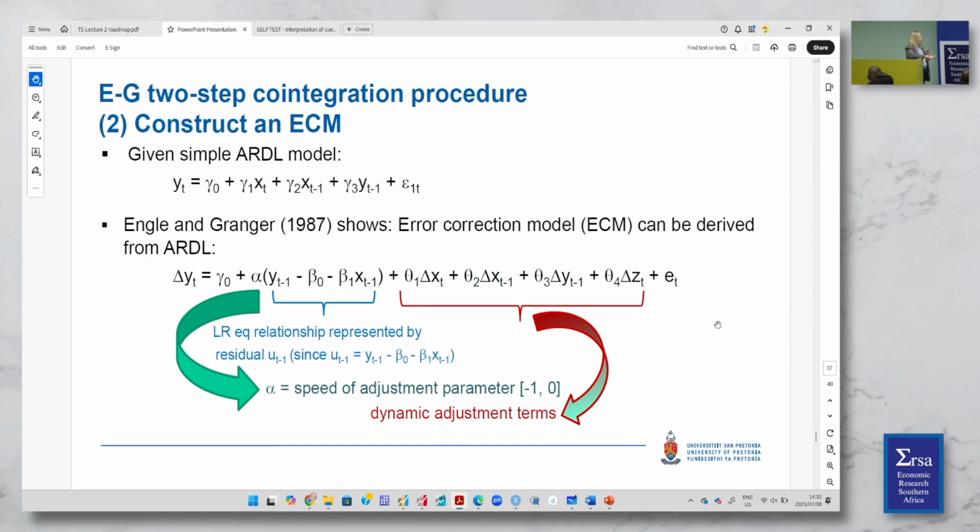So differenced consumption is now stationary. We will test that. If we have two variables that co-move, the difference between them is a stationary difference. So regress y on x, take the residual, and this now represents all the information, because the residual is equal to the actual minus the fitted.